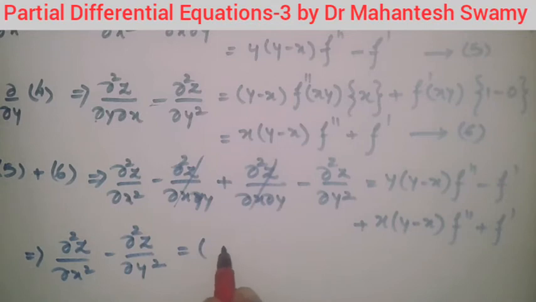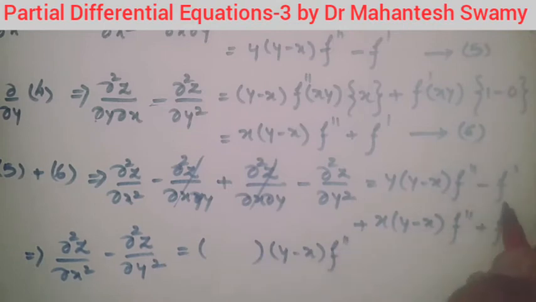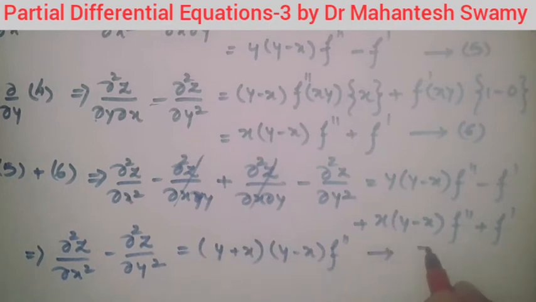So if we take (y − x) into bracket f″ as a common factor, (y + x) remains within the bracket. So this is to be called equation number 7 at this moment.